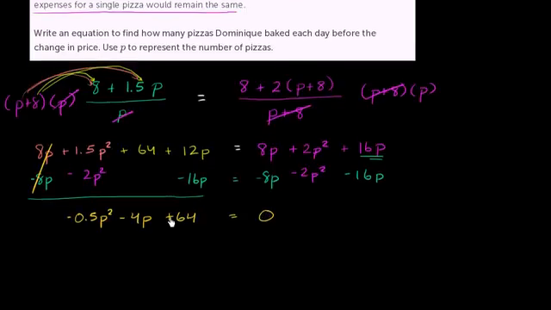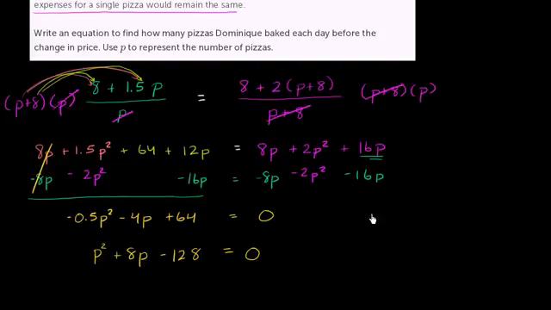And just to make this a little bit cleaner, let's multiply both sides of this equation by -2. I want the coefficient over here to be 1. So then we get p squared plus 8p, minus 128 is going to be equal to 0, because negative times -2 gives minus 128.